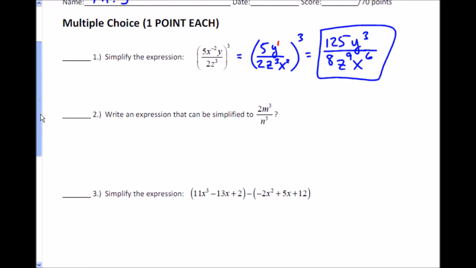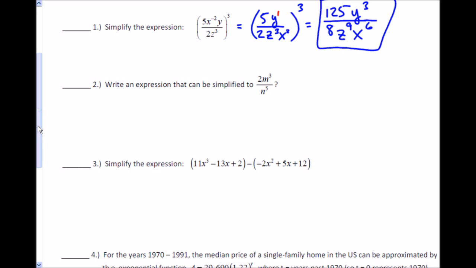Number 2, it asks me to write an expression that can be simplified to this value. And really, there's plenty of answers that you could have here. You could do something very simple working backwards. For the 2, we could talk about doing just some division here and maybe doing 4 over 2. That would give us the 2 in the numerator.